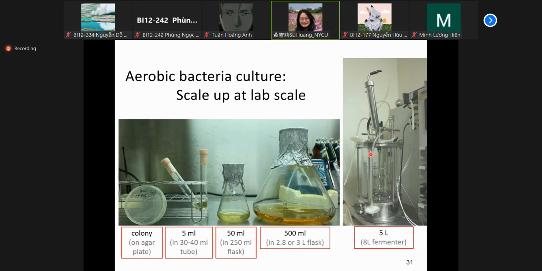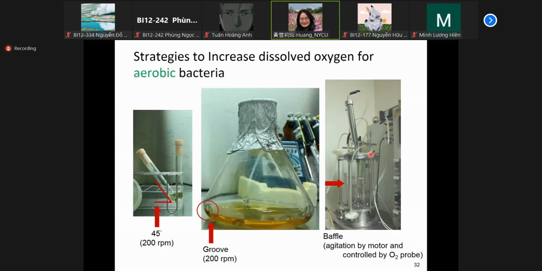For aerobic bacterial cultivation, there are strategies to increase dissolved oxygen. For the test tube, we will use a 45-degree angle to incubate overnight, using E. coli as an example, and normally we use 200 RPM.